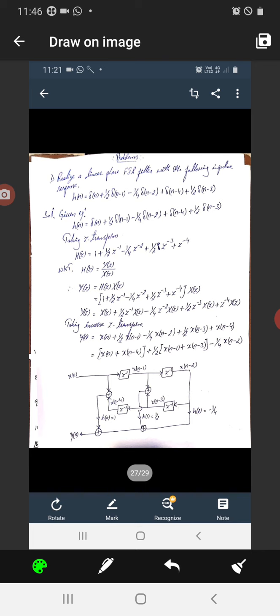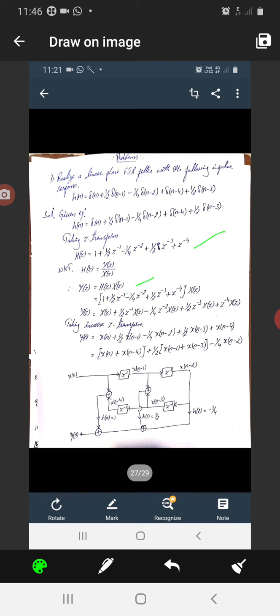Next, we know what the system function is: output by input, that is Y of z divided by X of z. If I want Y of z, because in the equation we want the output, for that reason Y of z is equal to H of z into X of z. We know what our H of z is, multiply it with X of z.